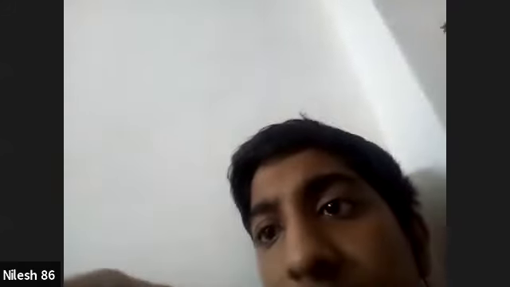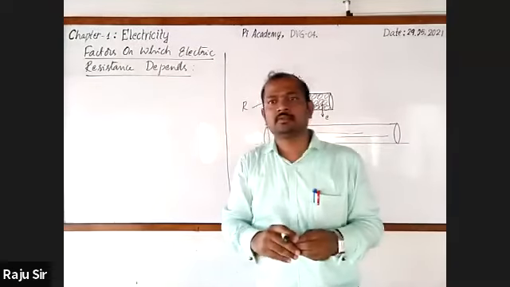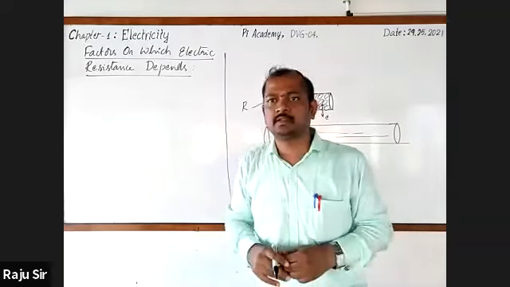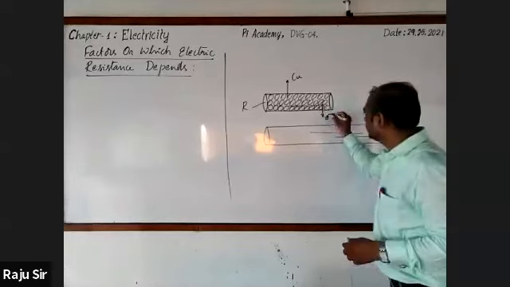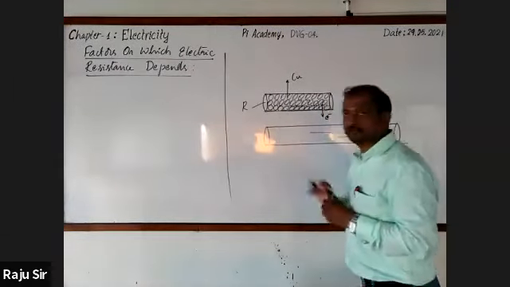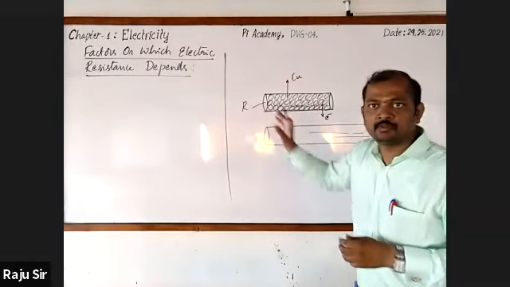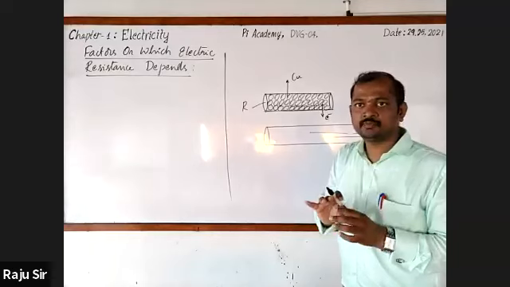Wait, just look here. Millions of electrons are there, but I am taking only one electron. One electron should travel from here to here. In between, there will be opposition to its movement, right?